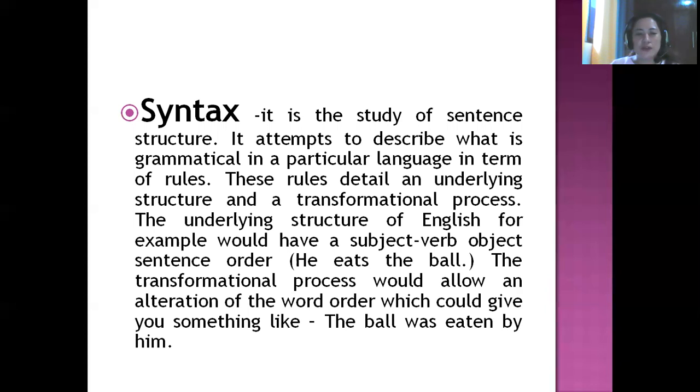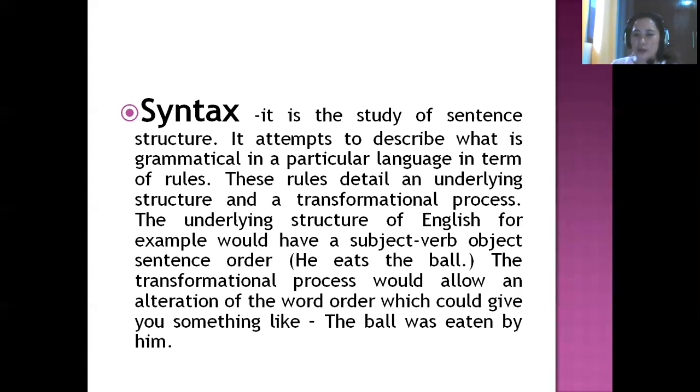So for example, we will do a syntactic analysis of this sentence. He eats the ball. He is our subject. Eats the ball is our verb phrase. So he is our noun phrase. Eats the ball is our verb phrase.